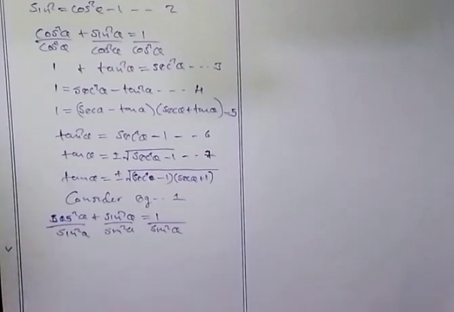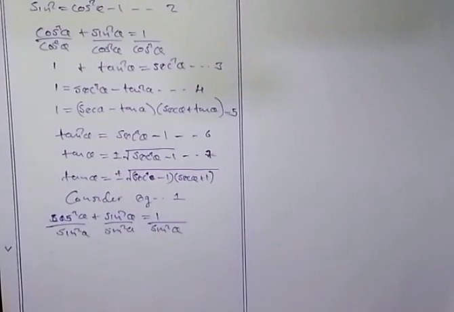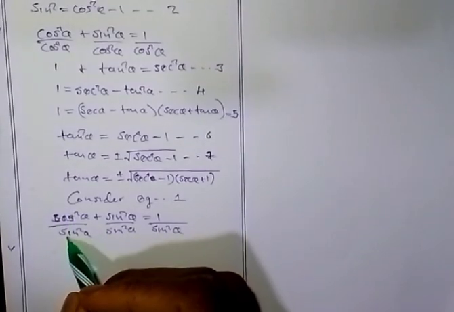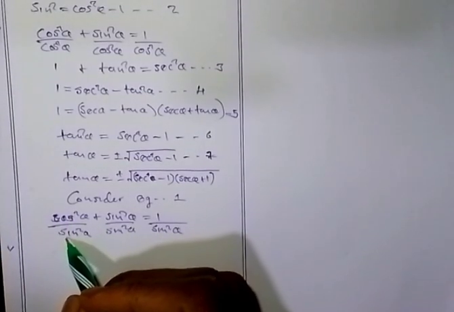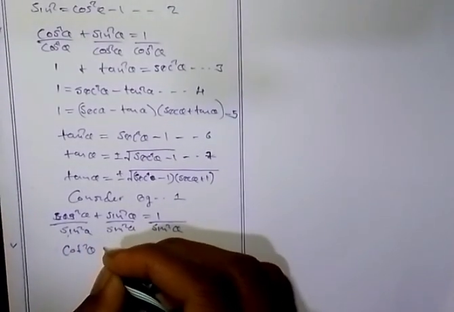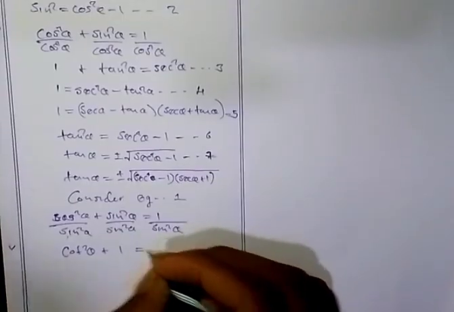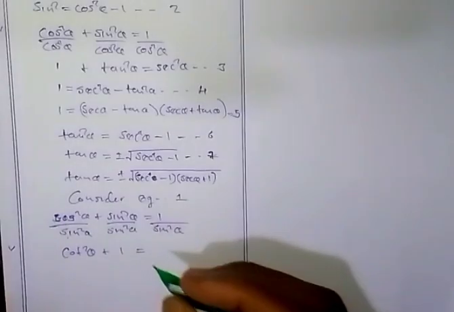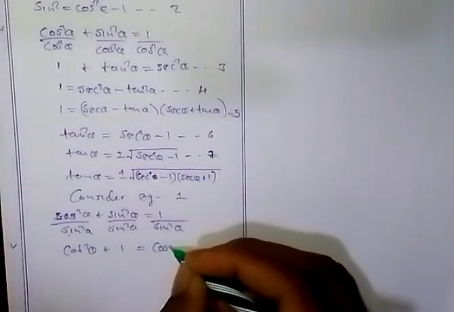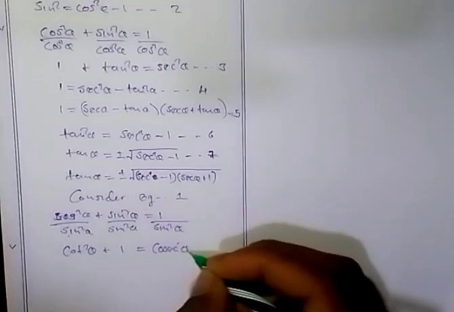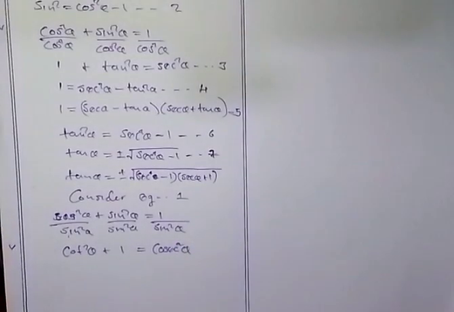And from there, we are going to find that cos square divided by sine square theta, we are going to get cot square theta plus 1, and this is equal to 1 over sine square theta, which is cosec square theta.